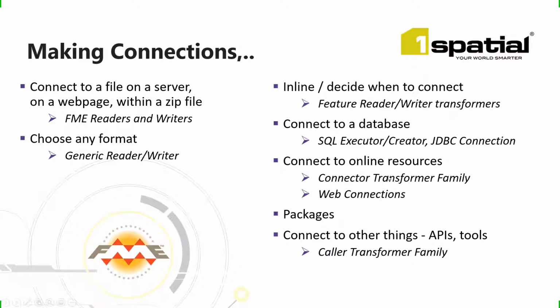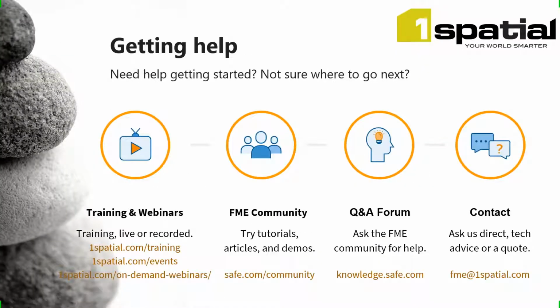And then we finished up by looking at connecting to online resources. So we've got the connector transformer family. We looked at packages and how they're giving us new and exciting ways of getting the latest functionality available, and then connecting to other things, the APIs and tools, using the caller transformers.